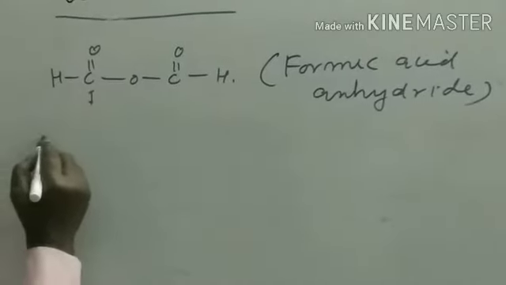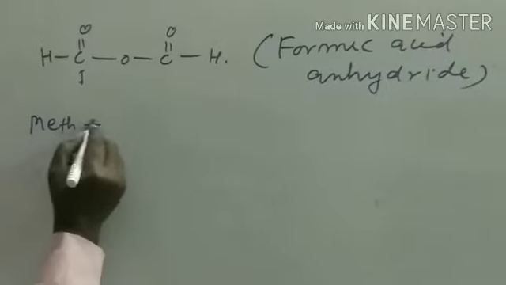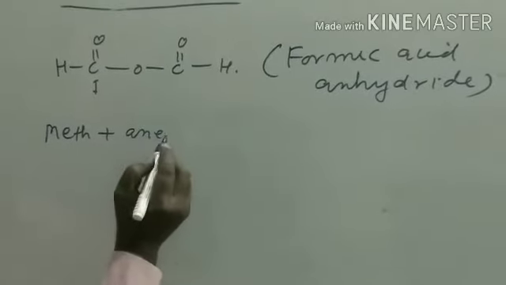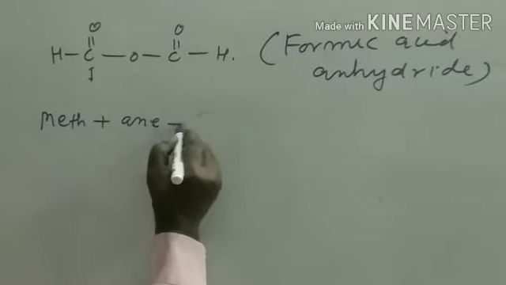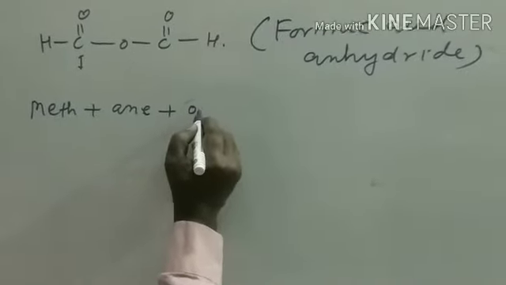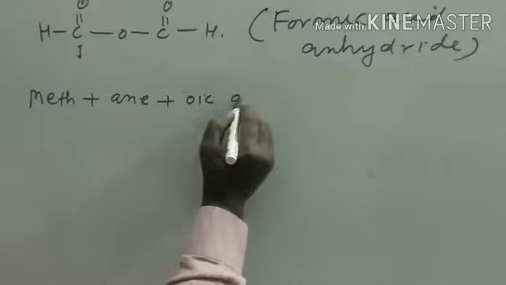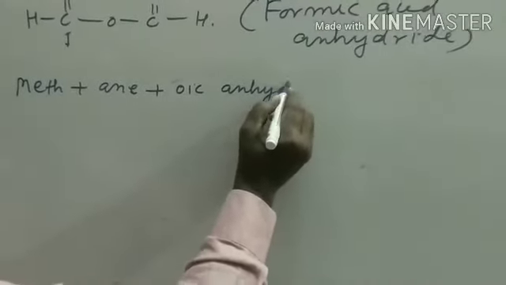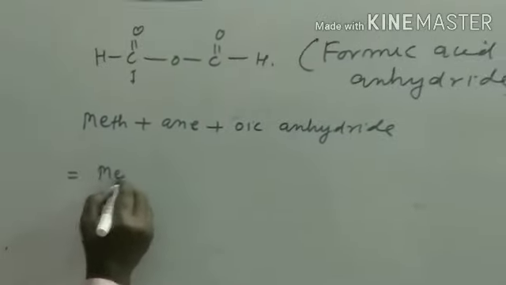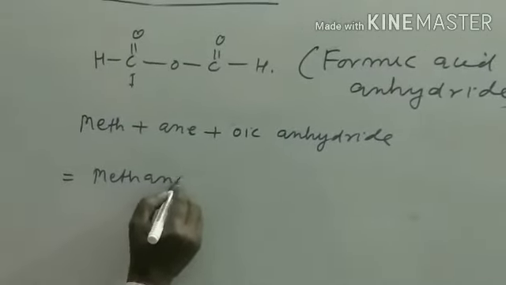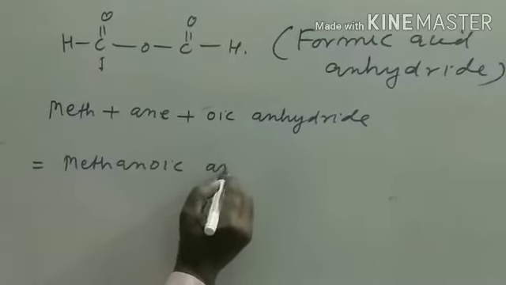So the root word is meth, primary suffix is ane, minus E plus oic anhydride. It becomes methanoic anhydride.